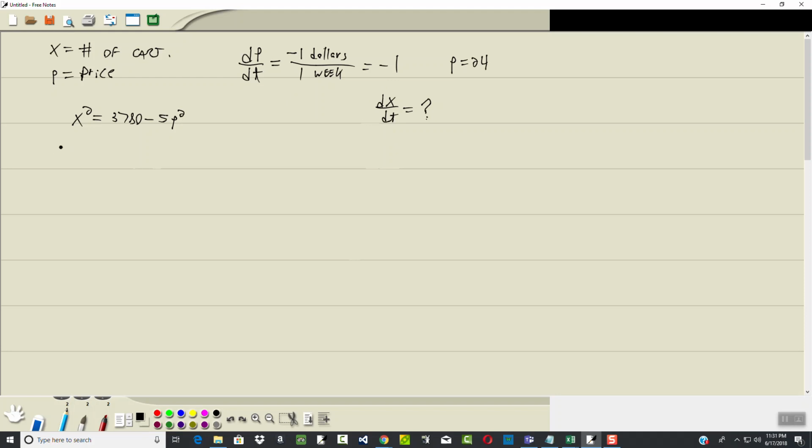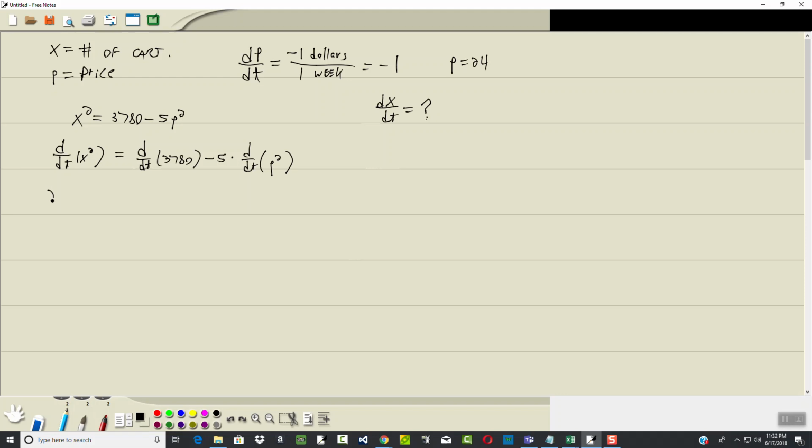Well, we're going to take the derivative of everything with respect to t. So we take the derivative of x squared with respect to t, the derivative of 3780 with respect to t, minus 5, and I can put the 5 out in front because it's just a number, and the derivative of p squared with respect to t. Now we're taking the derivative with respect to t, but this is really x.